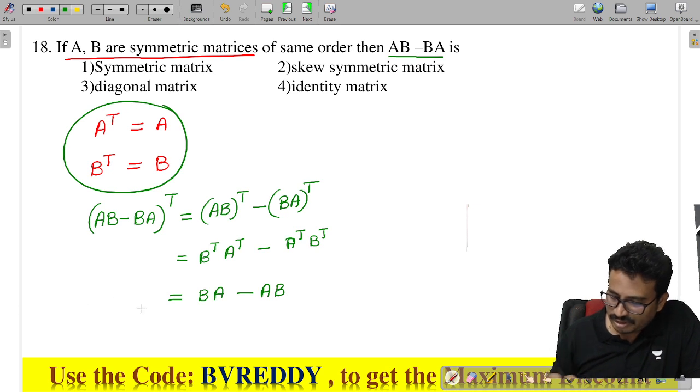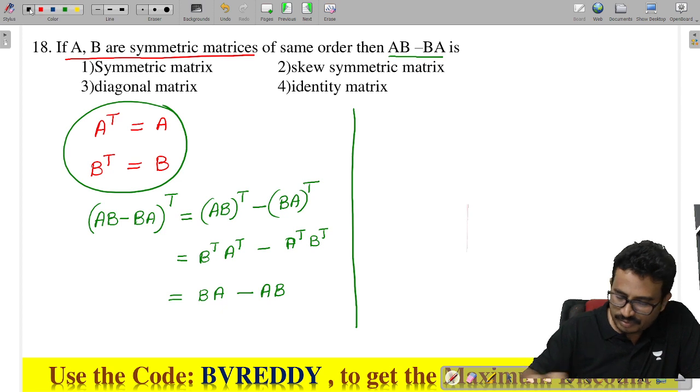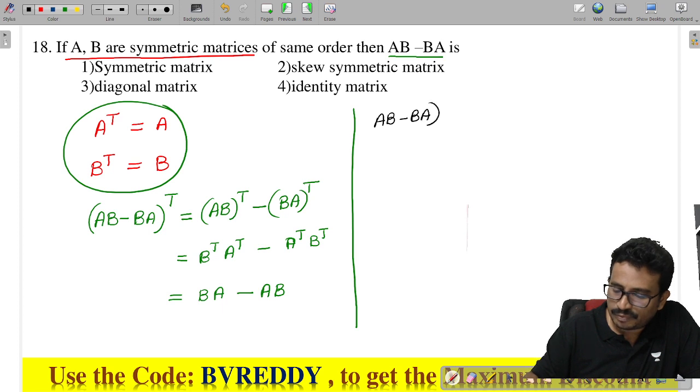Now you see this thing here. If you observe carefully from what I got here, (AB minus BA) whole transpose is nothing but, if I take minus common, minus (AB minus BA).